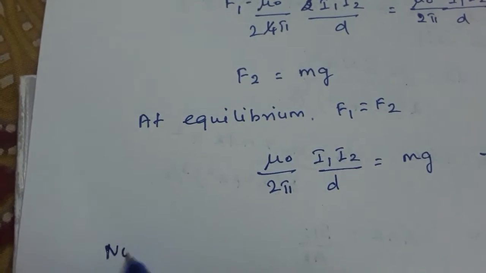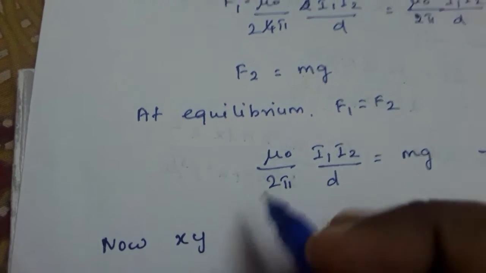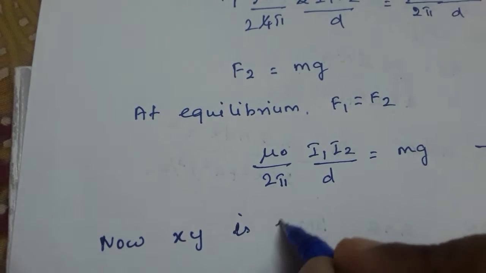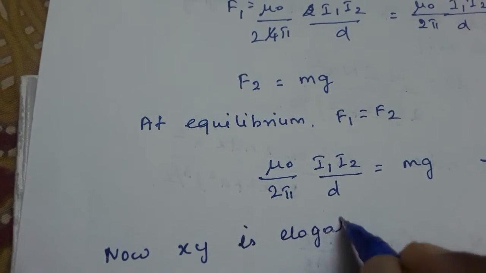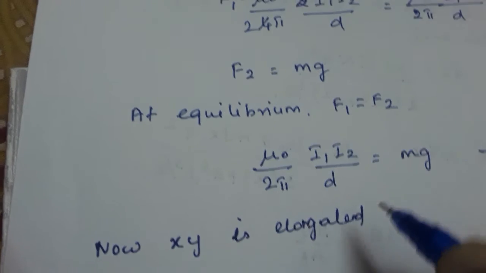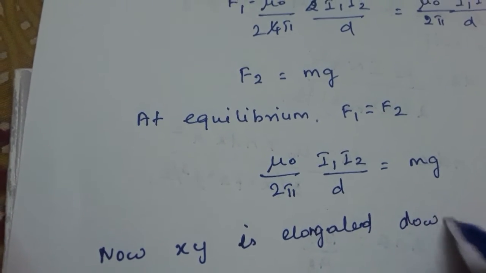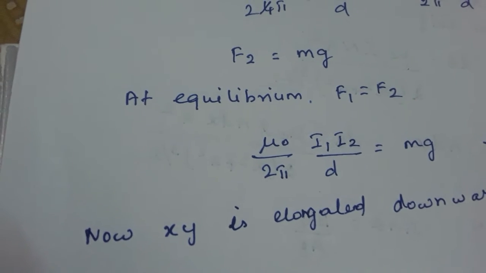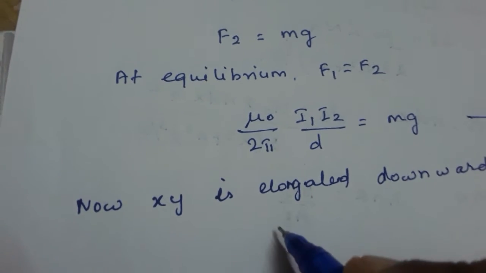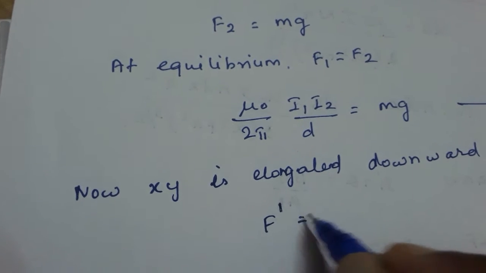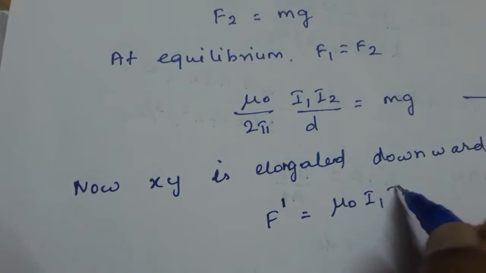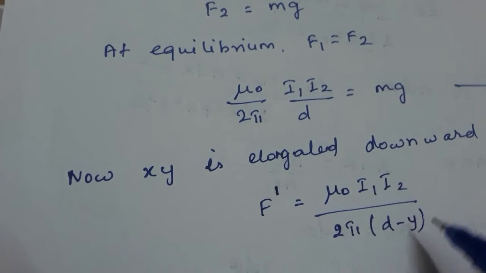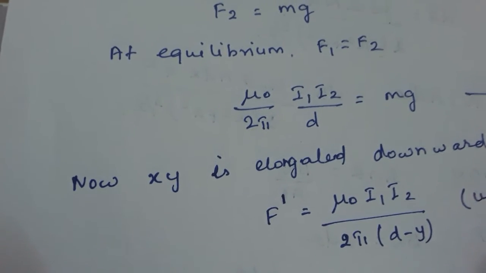Now, we are going to displace XY in the downward direction. So XY is displaced downward by a distance y. So the upward force can be written as F dash. F dash is equal to mu 0 I1 I2 by 2 pi into the distance, which changes to D minus y.